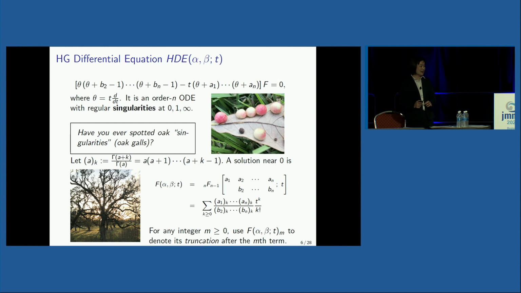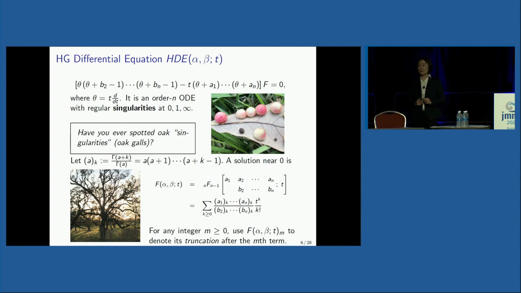So given A and k, we can define the Pochhammer symbol, which is going to be A times A plus 1 all the way to A plus k minus 1. Another way to write it will be in terms of a quotient of 2 gamma values, gamma of A plus k over gamma of A. Actually, the gamma function plays a more primary role in the study of classical hypergeometric functions than the Pochhammer symbol.